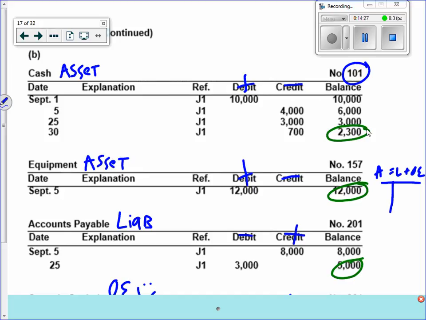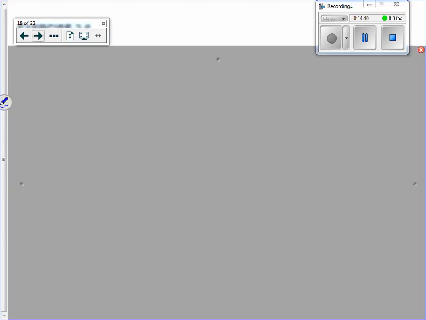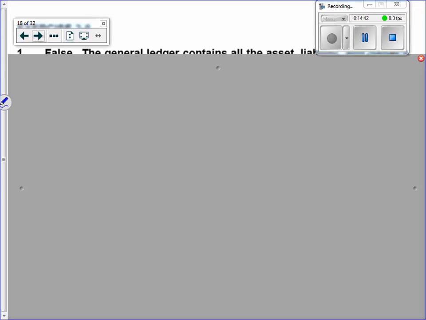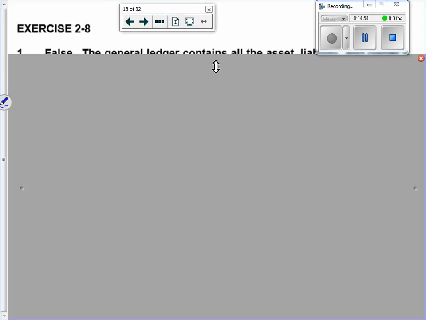Okay. There is one more thing I'd like you to do, and obviously we're ahead of schedule, but 4 of you are going to leave us, so it actually worked out okay. I would like you to do exercise 2.8. It's just a true-false thing, and I think it wants you to correct the false answers.